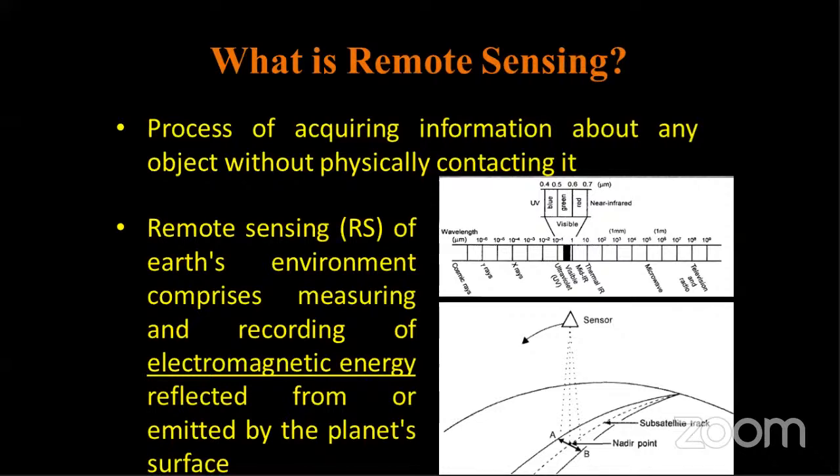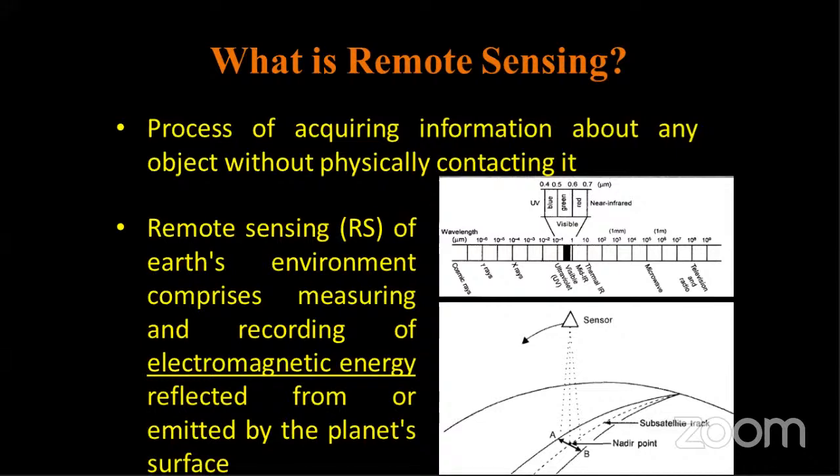For remote sensing of the earth environment, it is the recording and measuring of electromagnetic energy reflected from or emitted from a planet's surface, or Earth's surface, you can say.